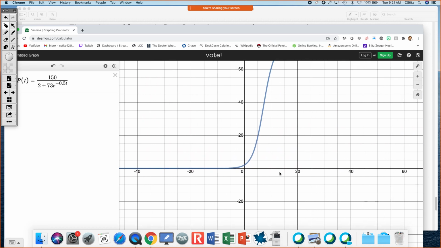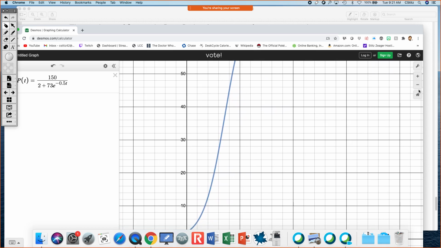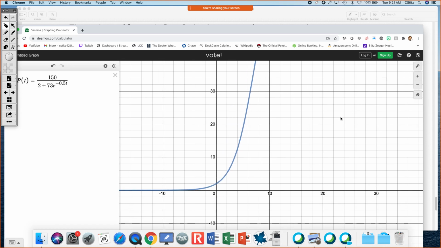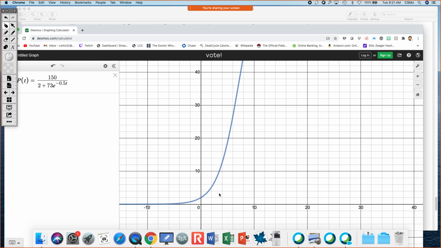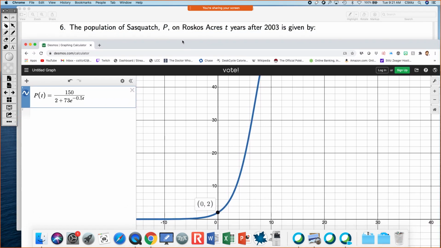Okay. So this is a classic logistic growth. If you notice initially, you're down here, we got 0, comma 2. That means if you plug in 0, you get out 2. That means initially there are 2 Sasquatch on Roscus Acres in the year 2003.